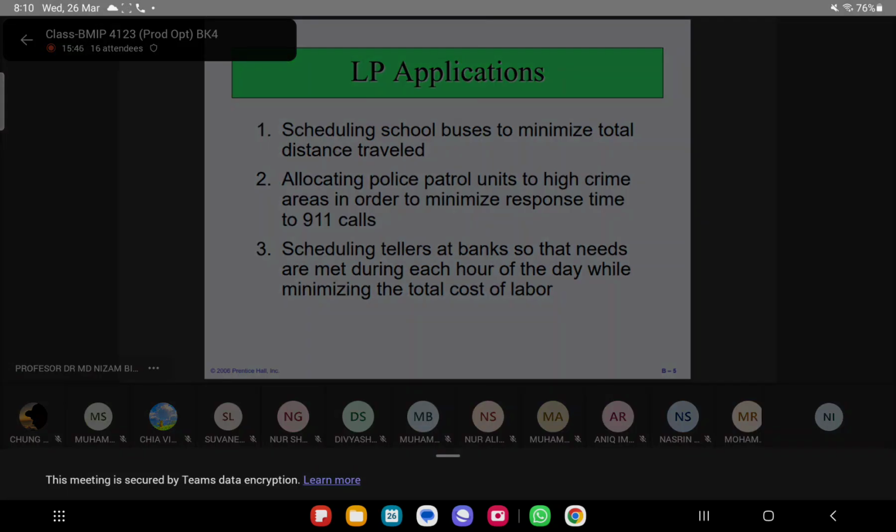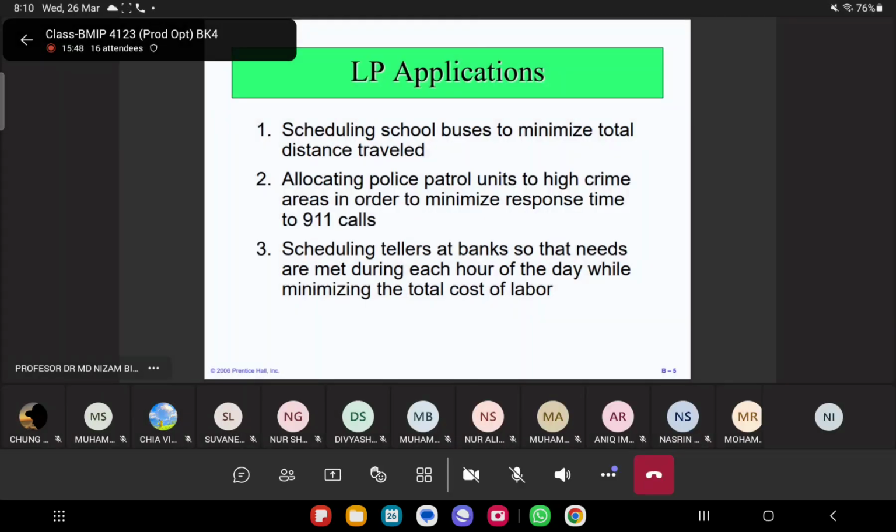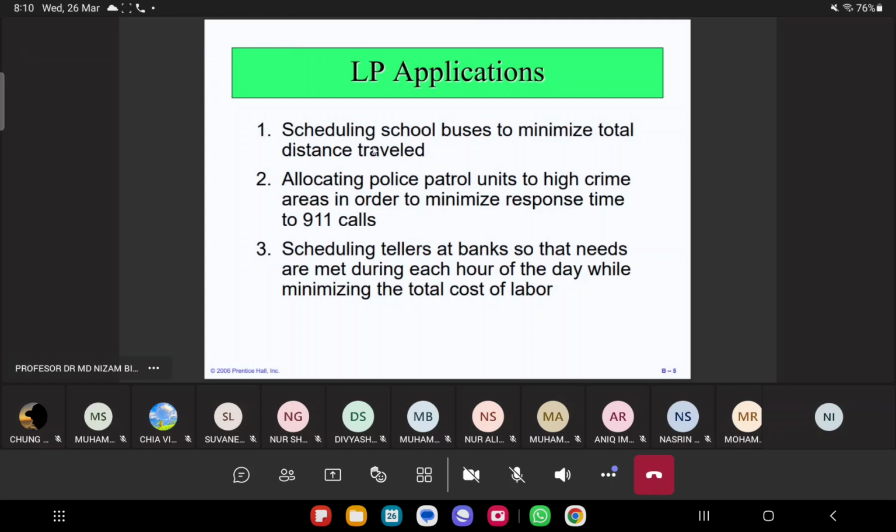Okay? So some of the linear programming applications. One is, for example, scheduling school buses to minimize total distance travel. Meaning that if you have a company that has bus services, you have many buses. Let's say, for example, you have 5 buses, and you have many customers, pickup locations.